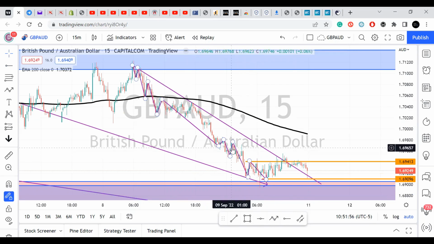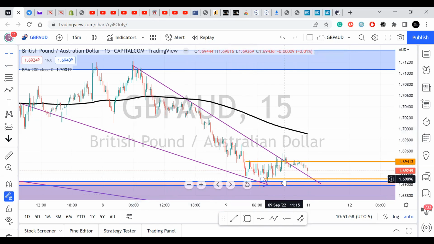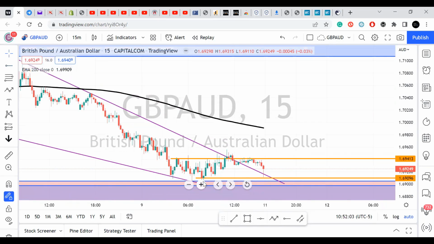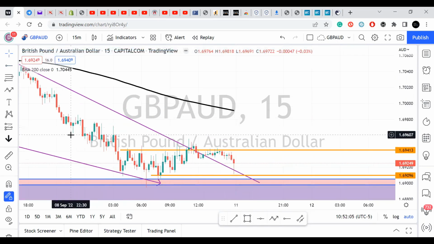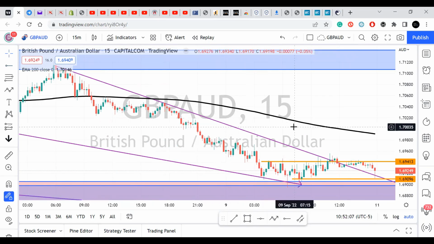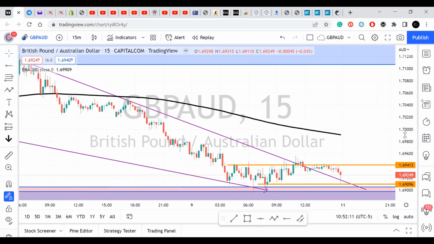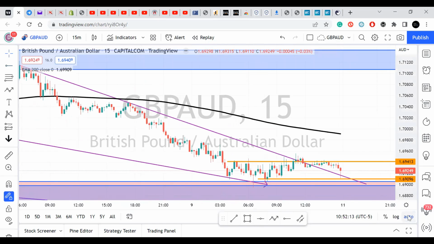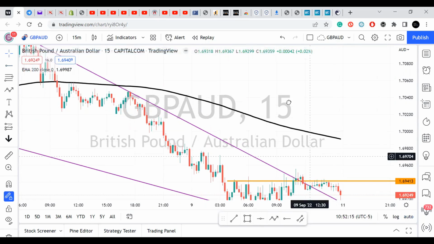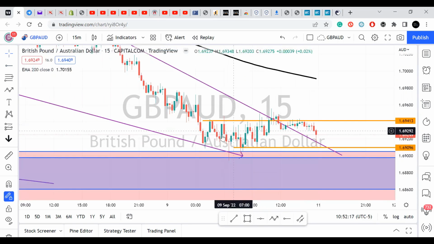So you have to be paying attention anytime price is approaching an H4 zone. As price is approaching this H4 zone, I was selling. Remember, we were selling to the next TP, but now since price is approaching this zone, look at what is happening here.